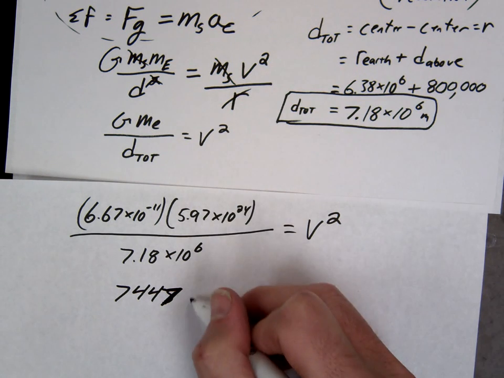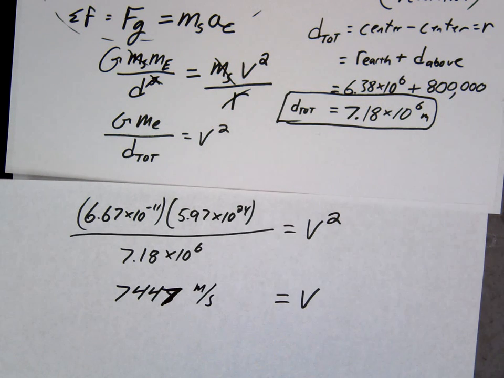All right, good. Or about 7,450 if we went to 3 digits. Don't forget to square root, okay?